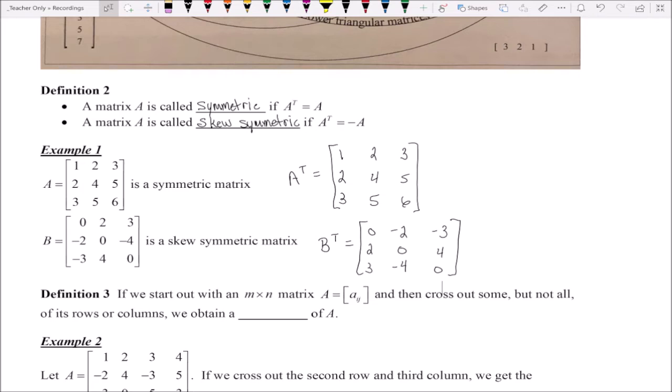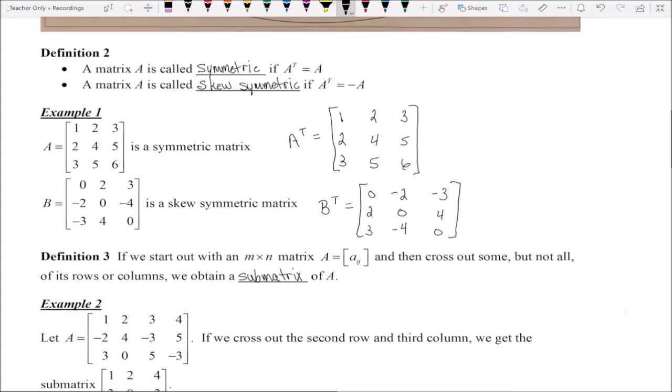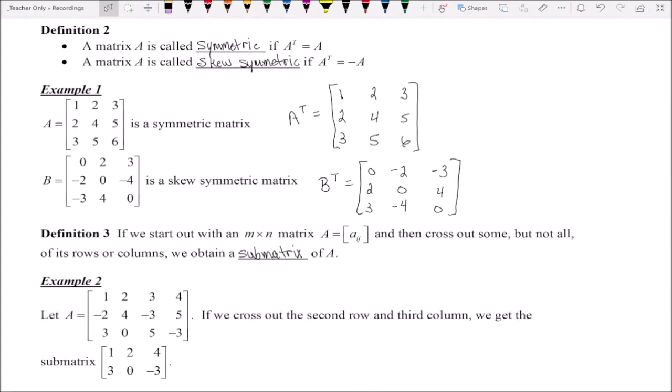If we start out with an M by N matrix A, represented as Aij, and then cross out some, but not all of its rows and/or columns, we obtain what's known as a submatrix of A. As an example, let's take A, this 3 by 4 matrix: 1, 2, 3, 4, negative 2, 4, negative 3, 5, and 3, 0, 5, negative 3.